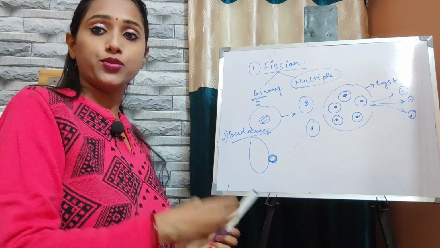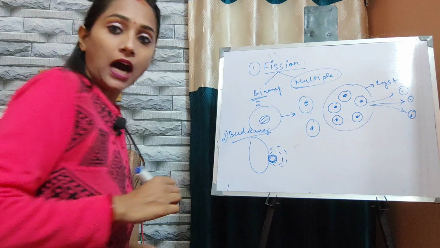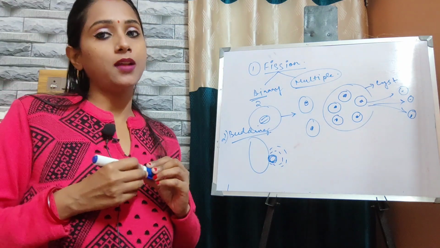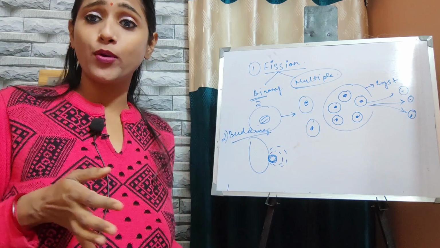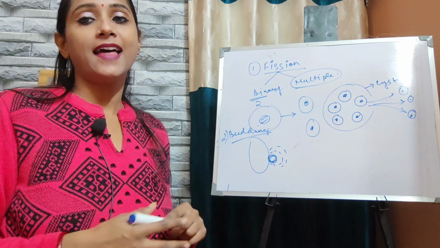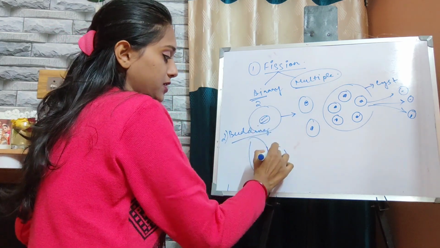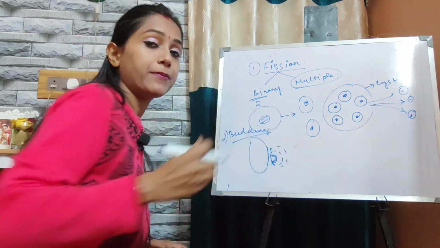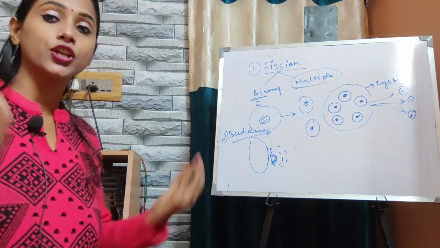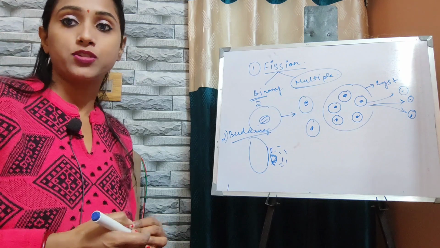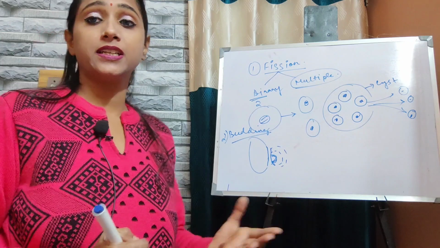This bud-like outgrowth will grow in size until the mother yeast cannot carry the weight of this new bud anymore, and then this bud will get detached. Listen carefully, this bud will get detached from the mother yeast and fall on the ground, and a new yeast will be formed. So this is the process of how budding is done.